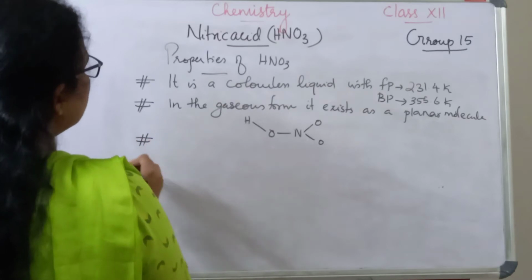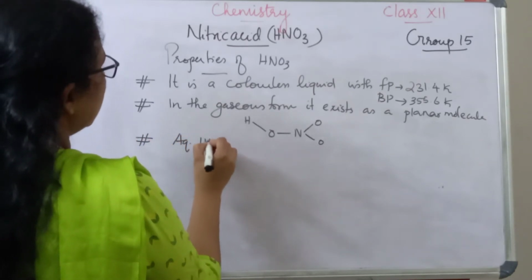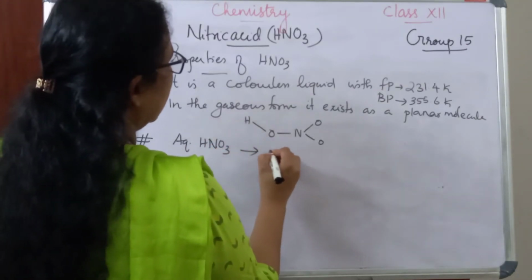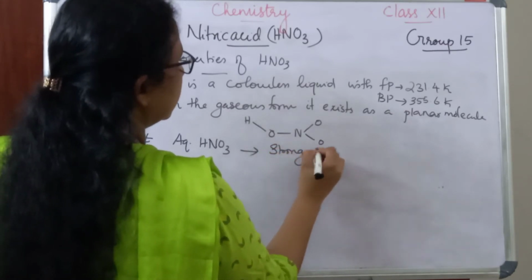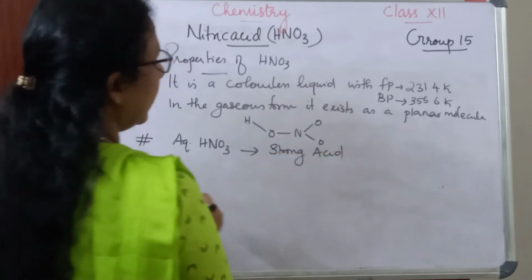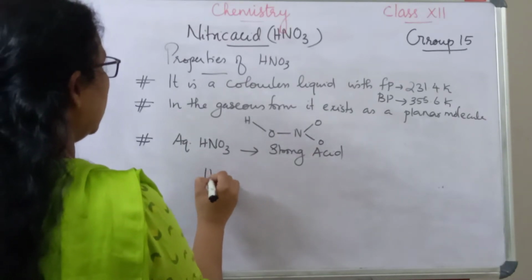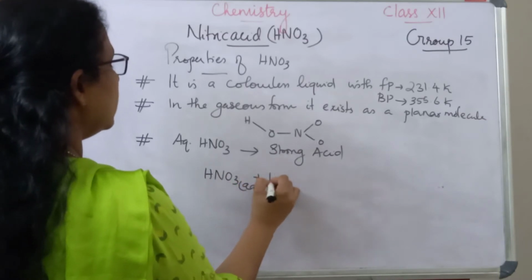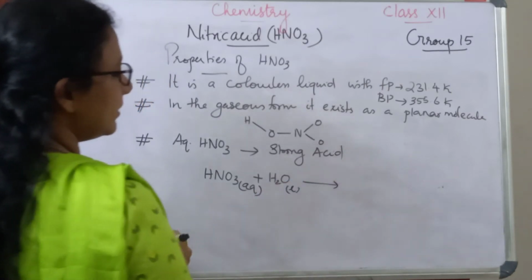Then the next point is aqueous HNO3. Aqueous HNO3 will be a strong acid. So it acts as a strong acid, and this HNO3 in aqueous solution, that means in presence of water, produces hydrogen ions in solution.